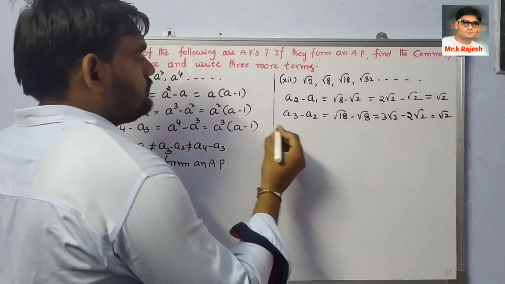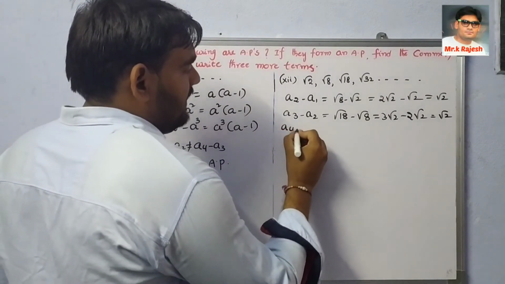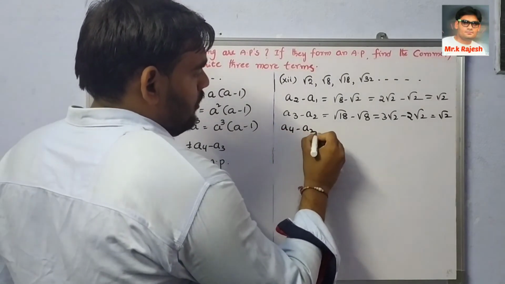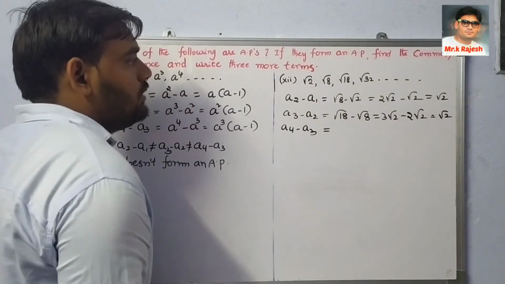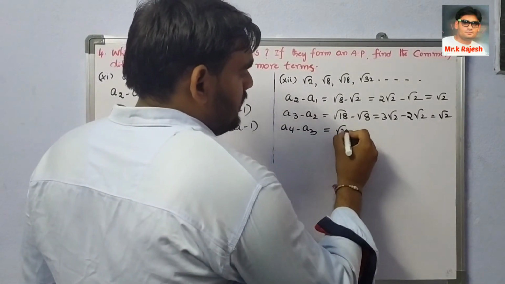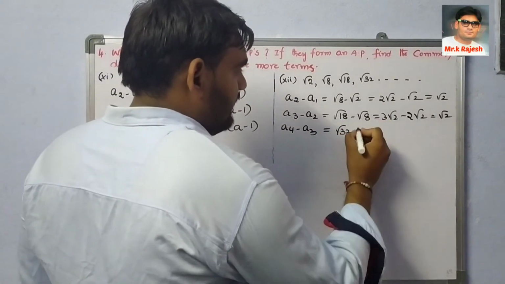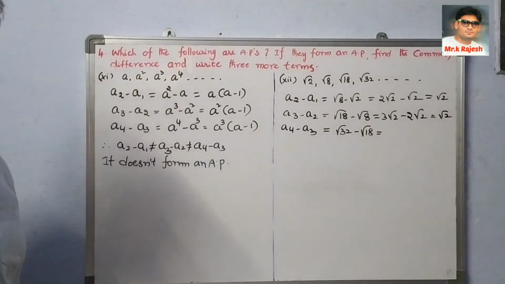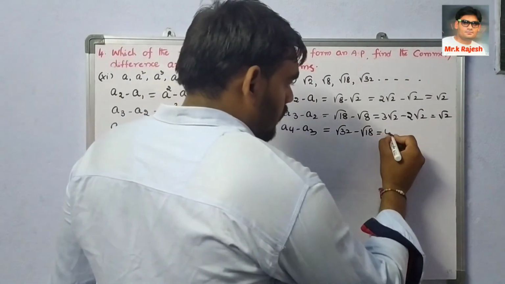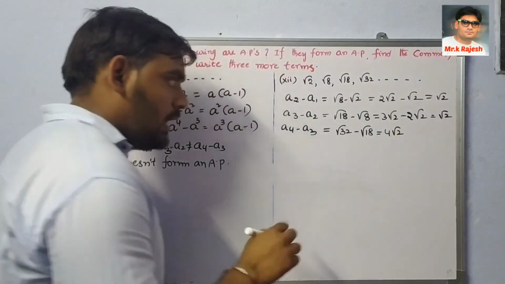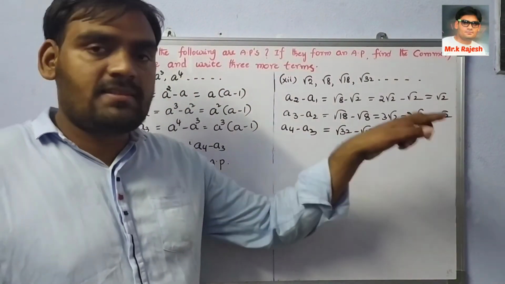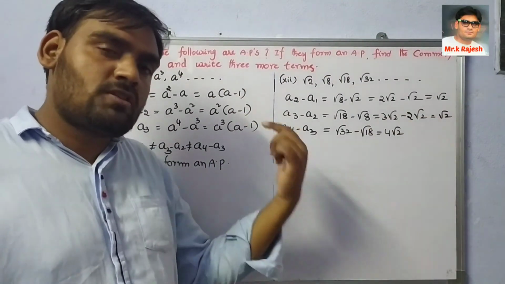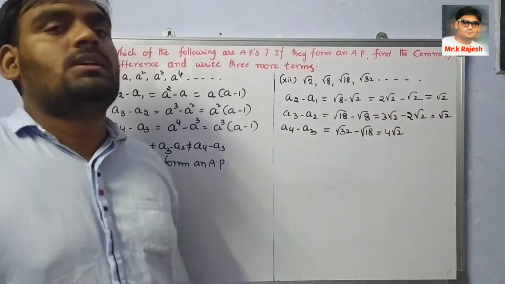After that, a4 minus a3 is equal to, a4 value is root 32 minus root 18. Root 32 can be written as 4 into root 2. If 4 goes inside this square root, it will become 4 square, 16. 16 into 2, 32.